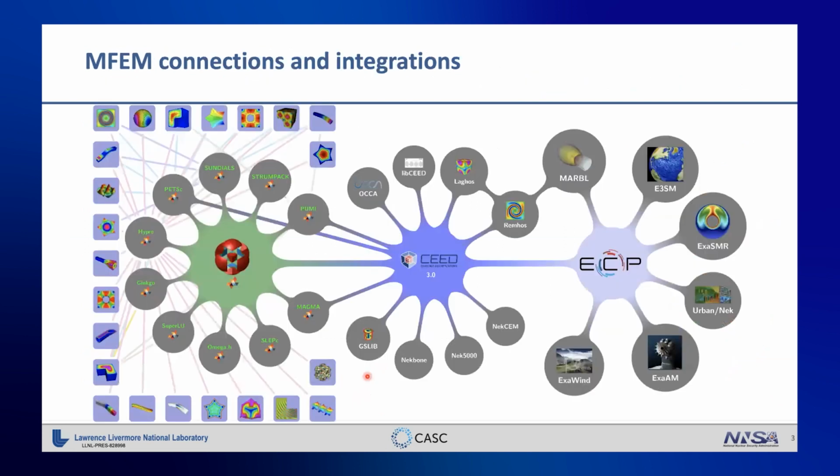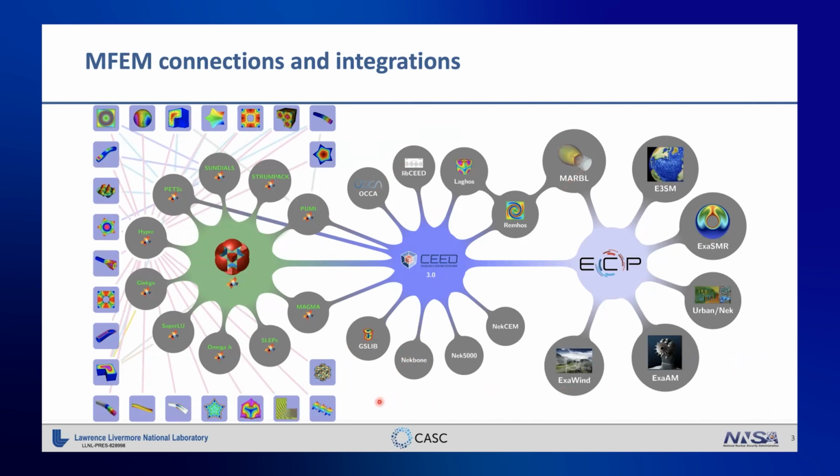Okay, and so this is a slide that illustrates those connections. These are the direct integrations we have, and we now have direct integrations with these two, for example, with this one as well. As part of the CEED co-design center in the ECP, and a lot of the applications, I think Tanya also showed them.